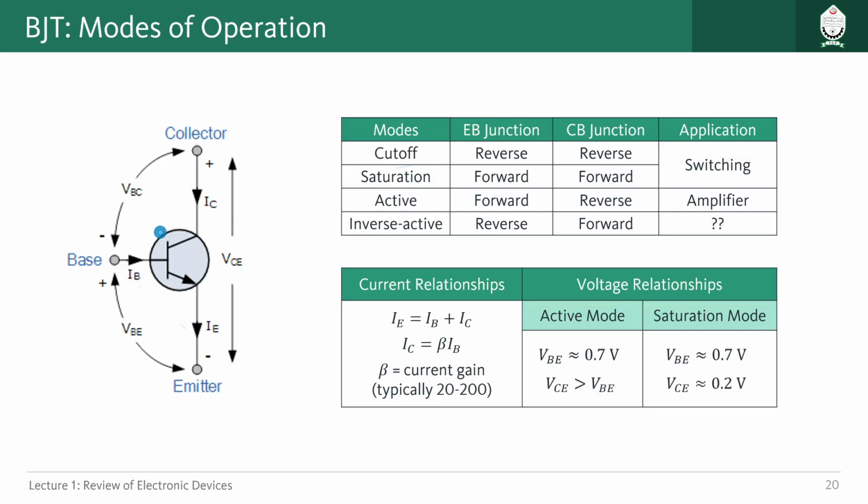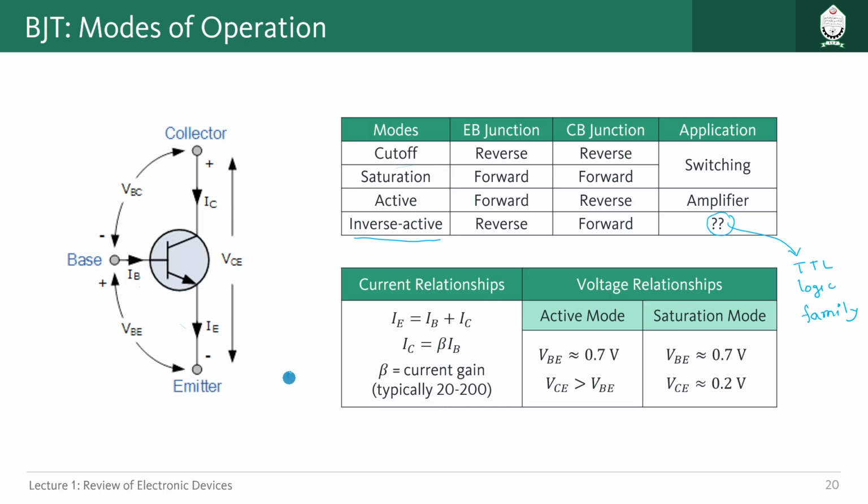Generally it is not a popular mode of operation, but we will see in our semester for TTL logic families that this mode is used sometimes for some of the operations. So we will understand how this works and how it actually helps for the TTL logic family.